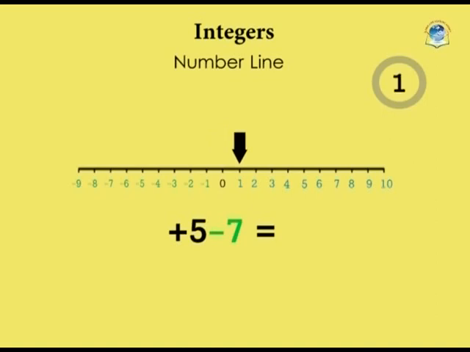So 1, 2, 3, 4, 5. And then we move 7 steps towards the left. So 1, 2, 3, 4, 5, 6, 7. So we are at the number negative 2. And so 5 minus 7 is equal to negative 2.